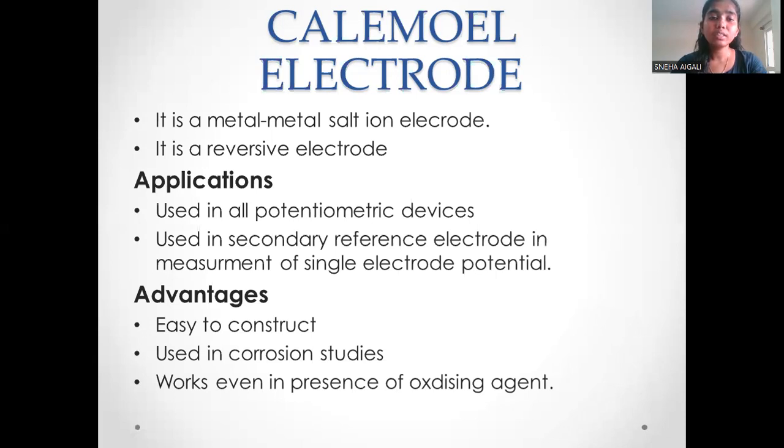It is used in all potentiometric devices. It is used as a secondary reference electrode in measurement of single electrode potential. Now, what are the advantages of the calomel electrode? Since it is simple, it is easy to construct, it is used in corrosion studies, and it works even in the presence of oxidizing agents.